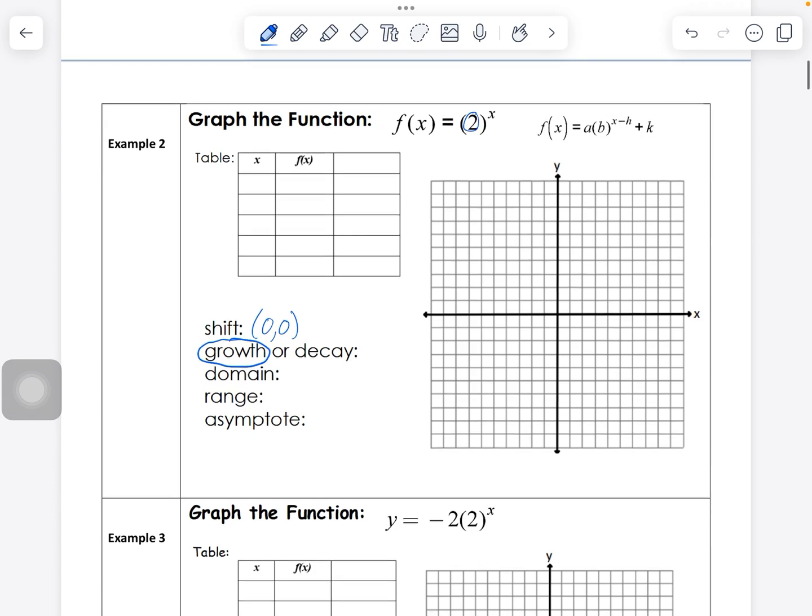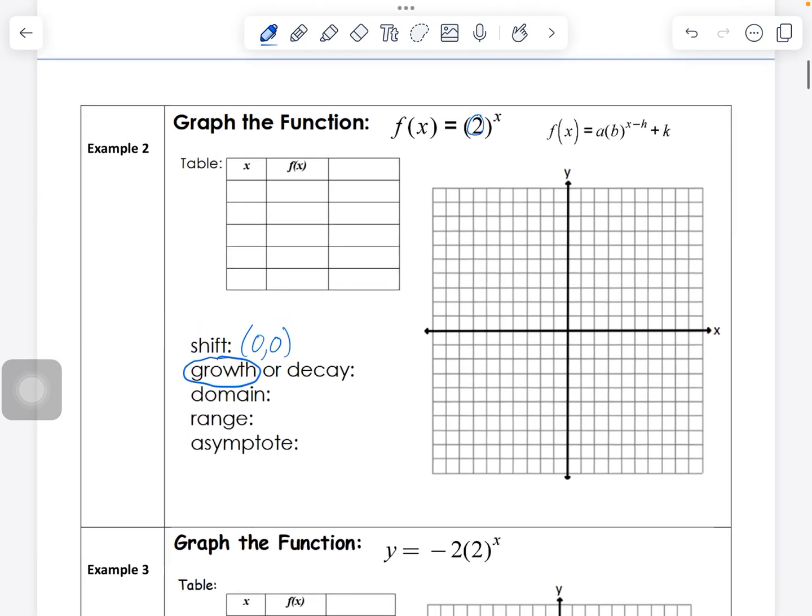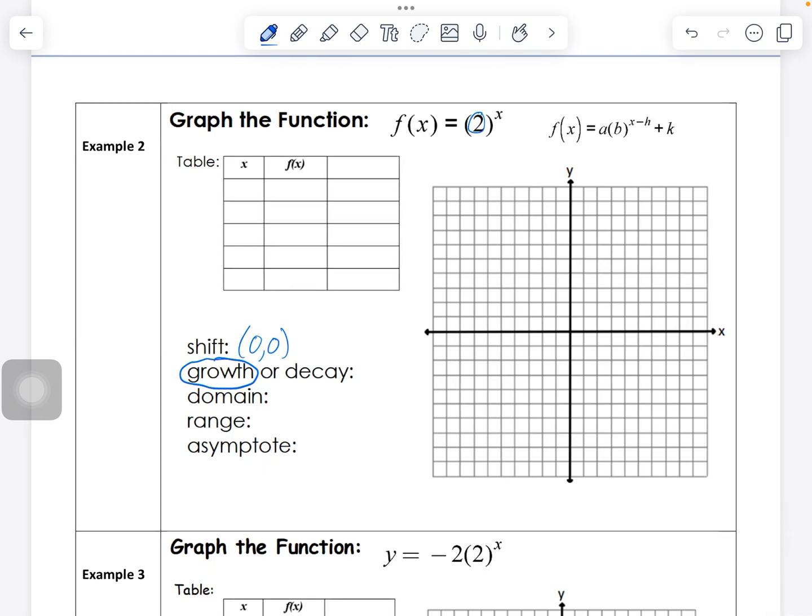All right, now let's actually talk about the table, and then we'll get into the domain, range, and asymptote part of it. So the values we're going to use here every single time when you're graphing exponential functions is -2, -1, 0, 1, 2. Our f of x, which is the same as y, don't forget about that, is what happens when we take 2 to the power of each of these numbers.